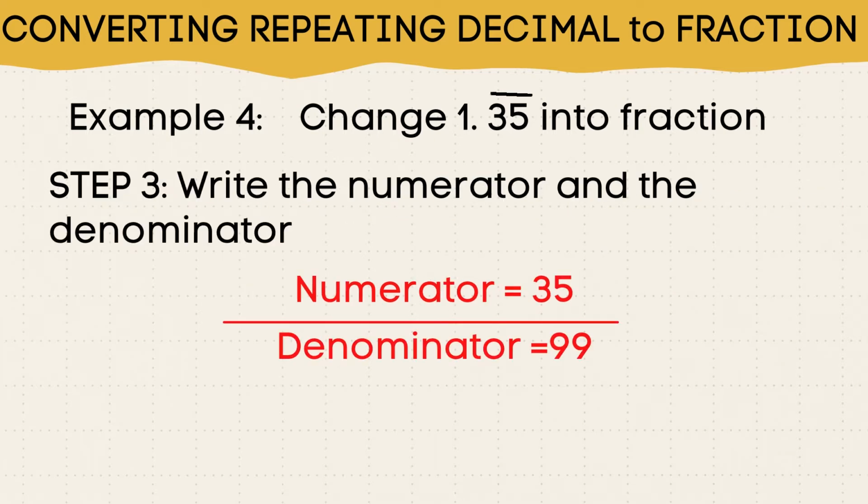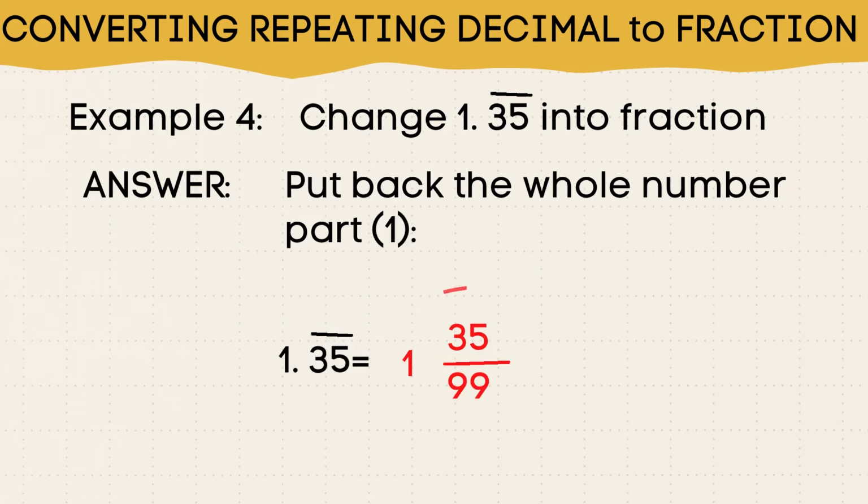That's why we are also going to write 2 nines in the denominator. So 35 over 99 is not yet the final answer, because take note that we have 1 a while back. So the fraction form of 1.35 bar is equal to 1 and 35 over 99.